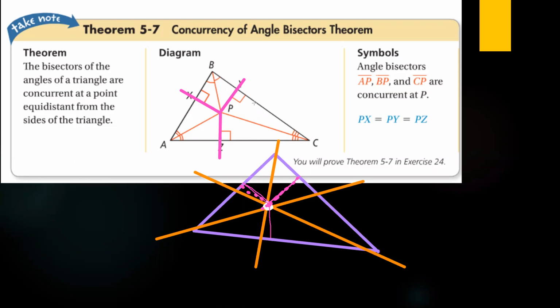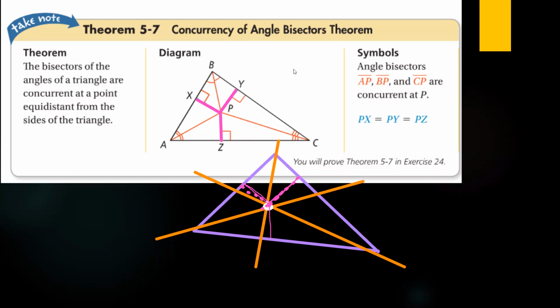It means the length of PY will be the same as the length of PZ and the same as the length of PX. This is our theorem.